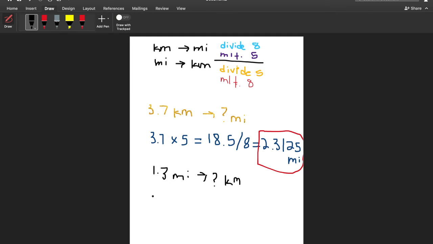So 1.3 times, this time we'll multiply by 8. We'll get, let's see, 1.3 times 8 is 10.4. 10.4. Then we just divide by 5.